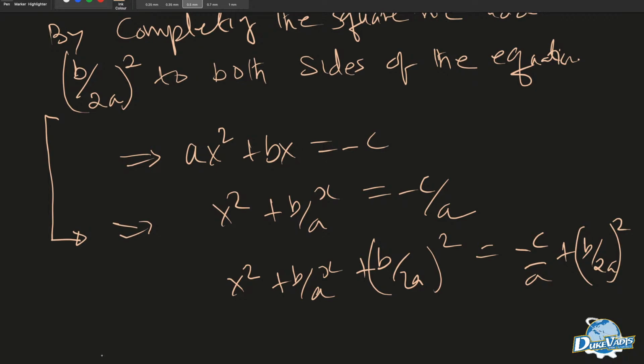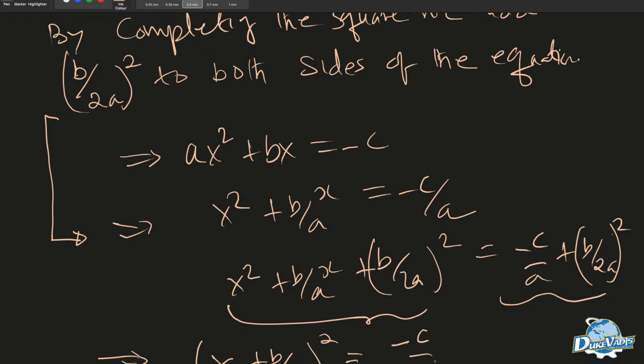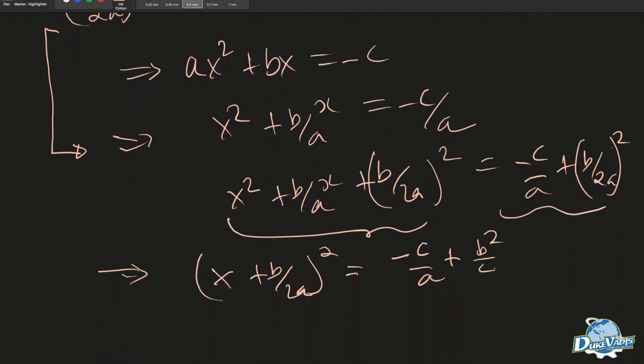Then we resulted in this by expanding and simplifying. So we say x plus b over 2a all squared is equal to negative c over a plus b squared over 4a squared.